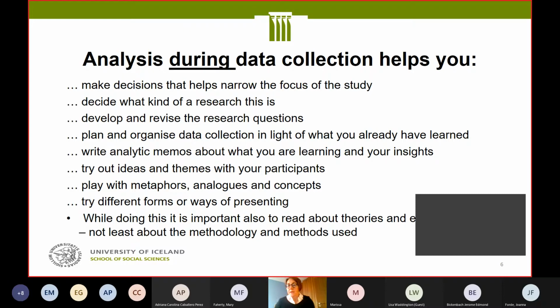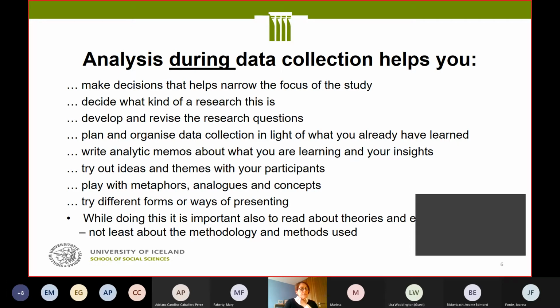And after we have collected some data, we usually need to narrow the focus because it's not doable to research everything, even if that's really interesting. So the analysis during the data collection helps you narrow the focus and collect more focused data.